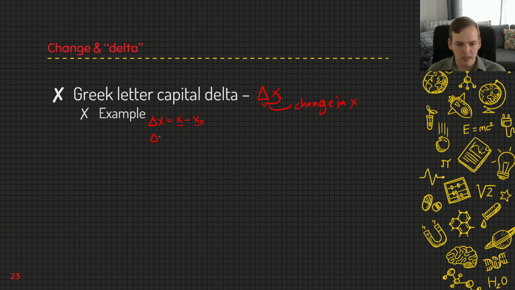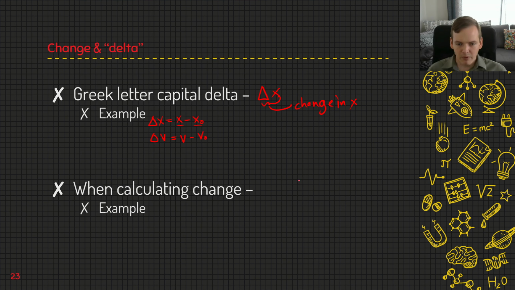We could also say delta v equals v minus v naught. It doesn't matter what this is, it just means some value minus an earlier value. And when calculating change, subtract initial from final.